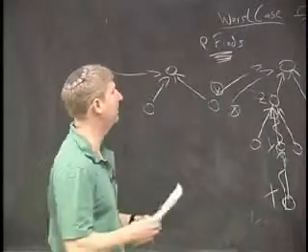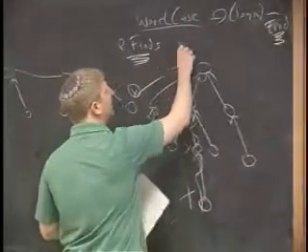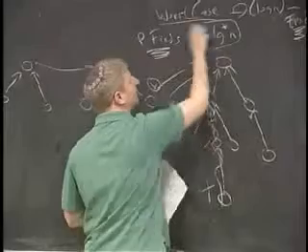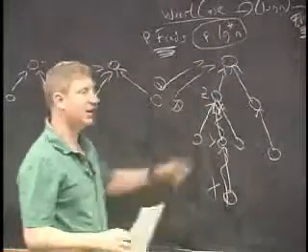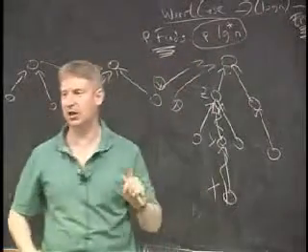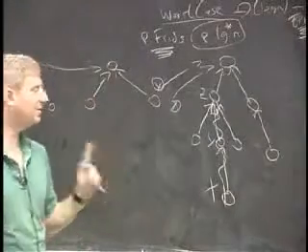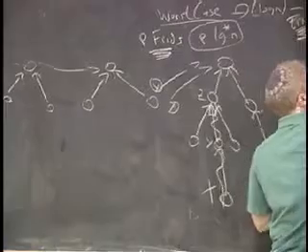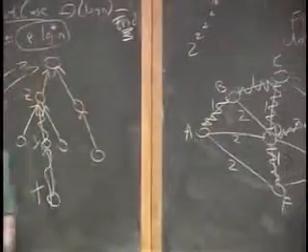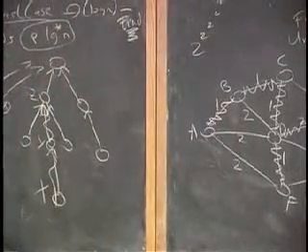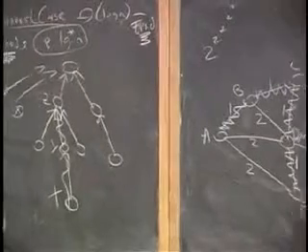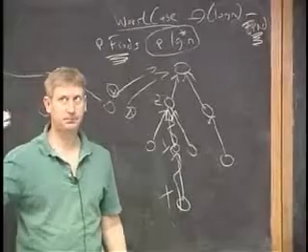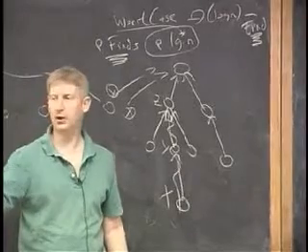And here's what it turns out to be. P finds turns out to be P times log star n. Log star n is a function that's teeny compared to log n. It's the function I introduced to you yesterday. If I give you a number with a stack of 2's on it, log star of that number is the height of the stack of 2's. So log star of 64,000 is 4.